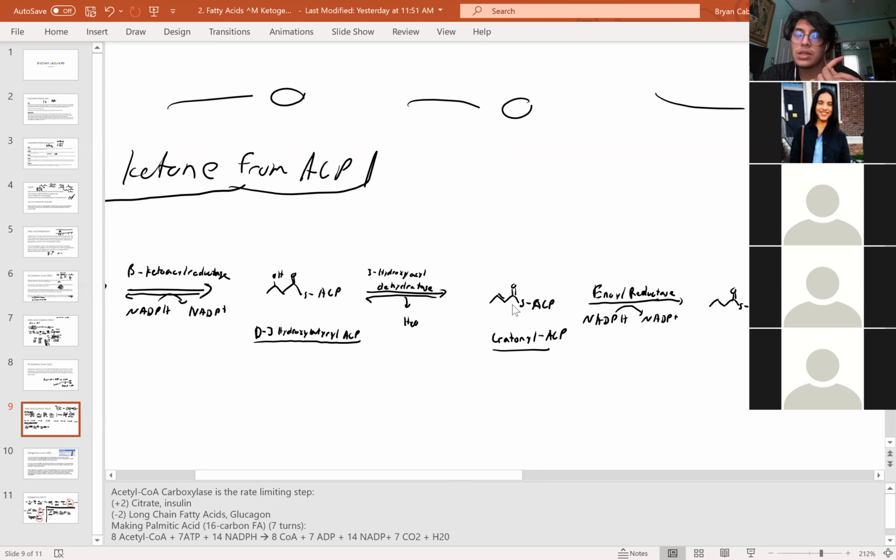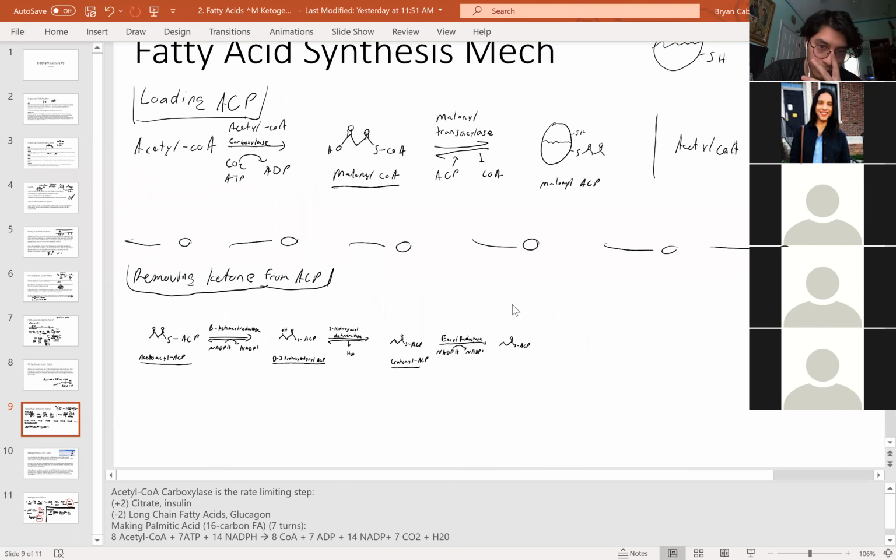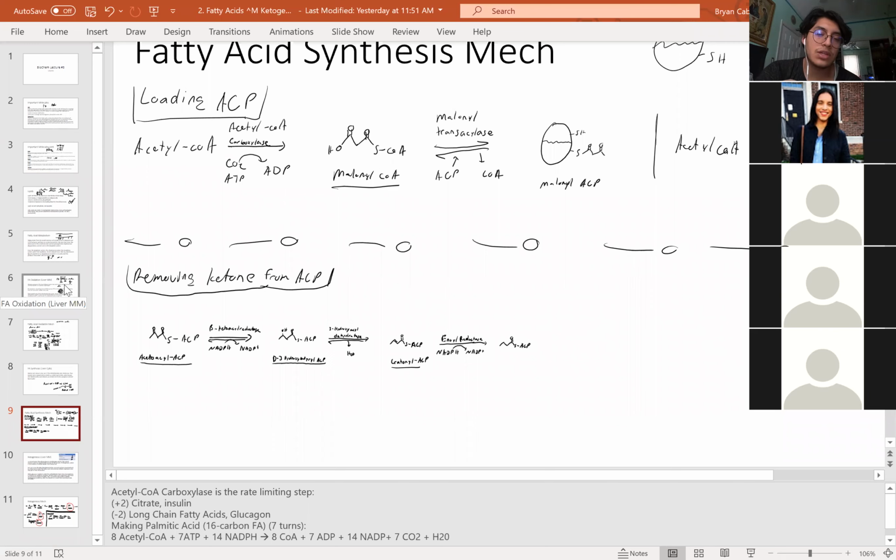So recall I mentioned that FADH2 is typically used for the oxidation or reduction of carbon-carbon bonds rather than carbon-oxygen bonds. But just recall that NADPH is the powerhouse of reduction, and it can also take care of the carbon-carbon double bond as well. So whenever you're thinking of the reduction of ketones during fatty acid synthesis, just make sure that you're using NADPH rather than FADH2.